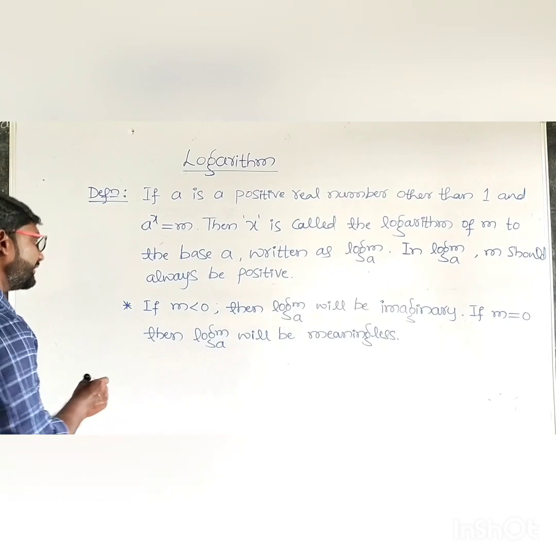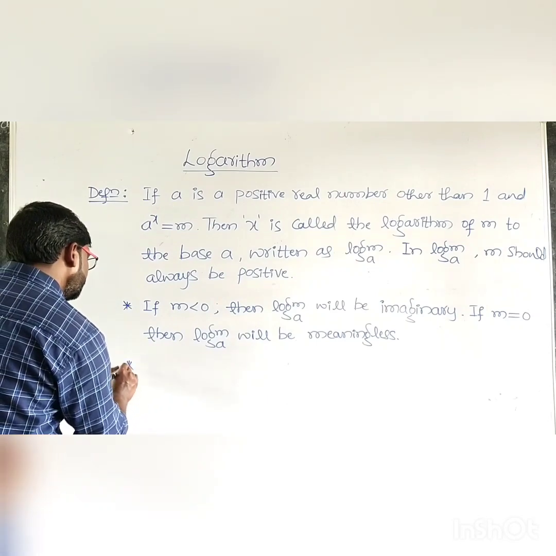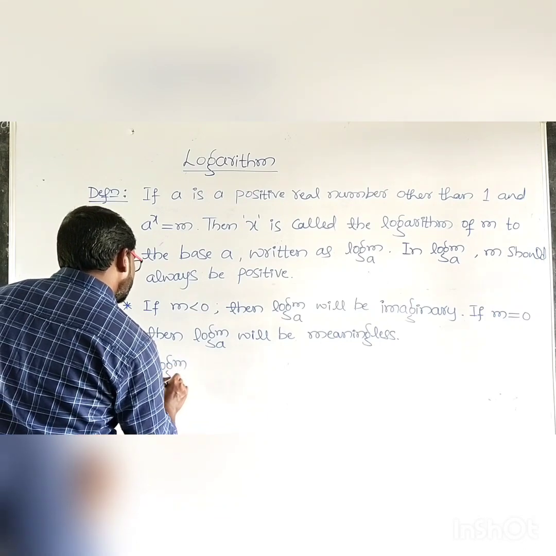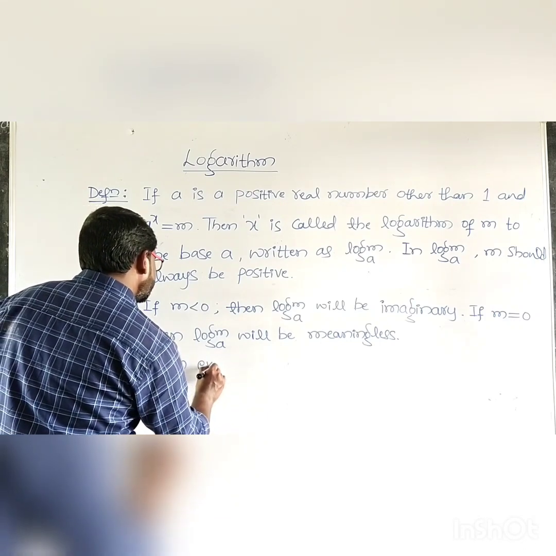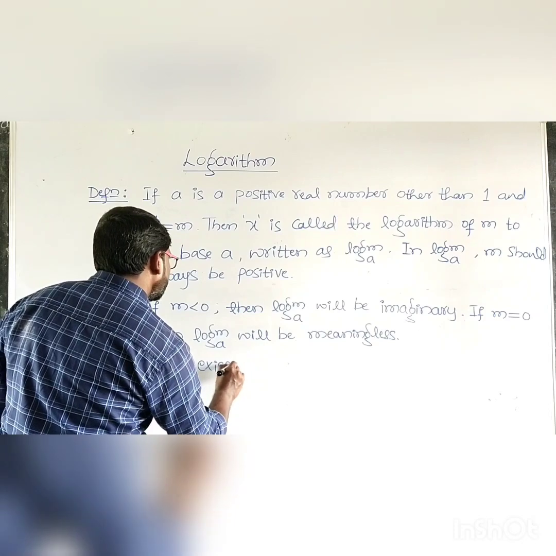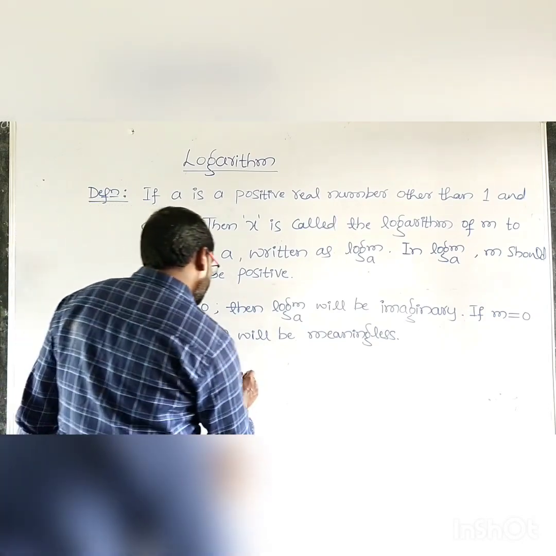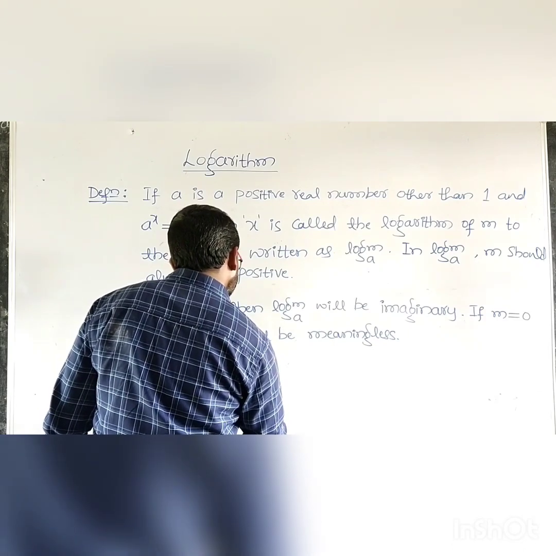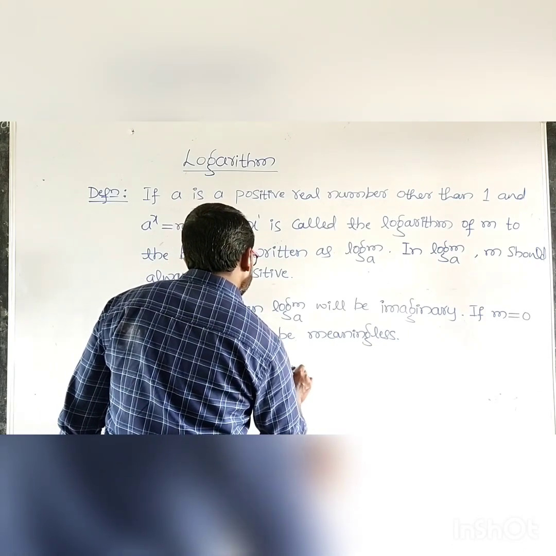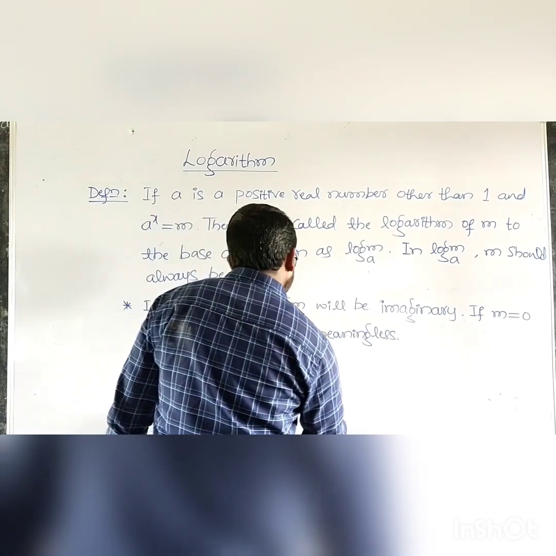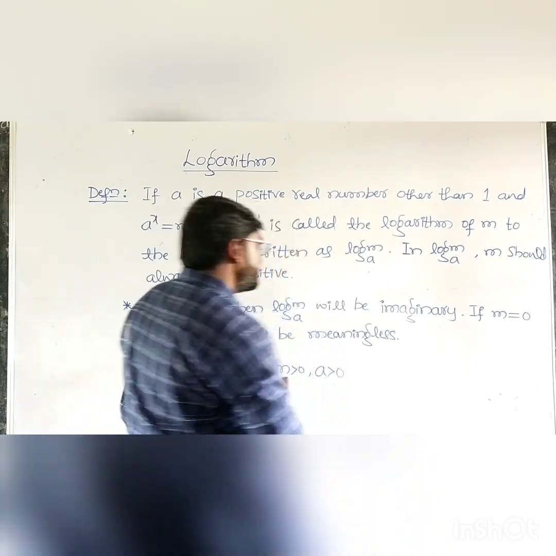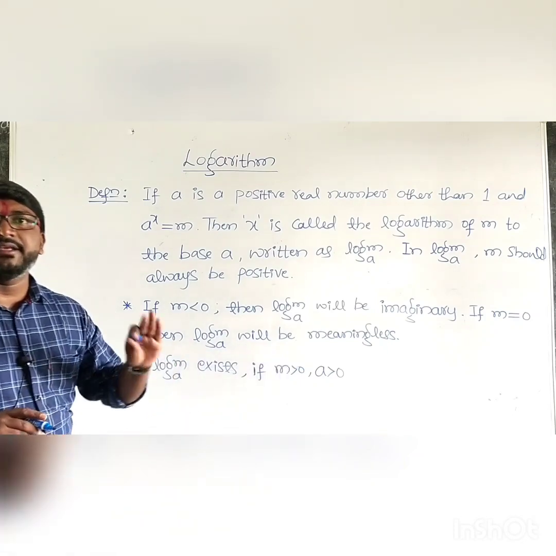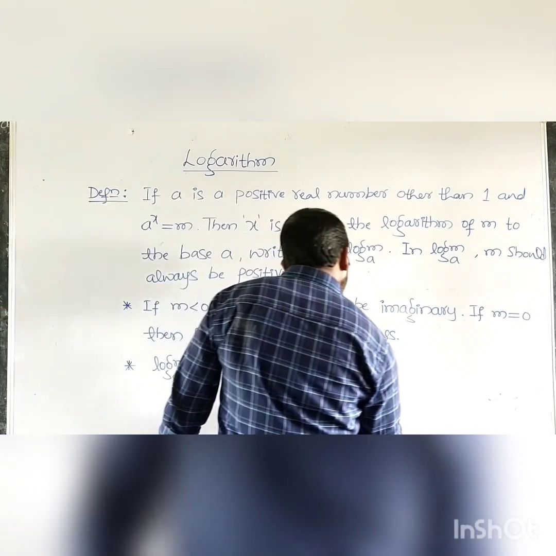The second point: log m to the base a exists if m is greater than 0 and a is greater than 0. m and a both have to be greater than 0, and a should not be equal to 1.